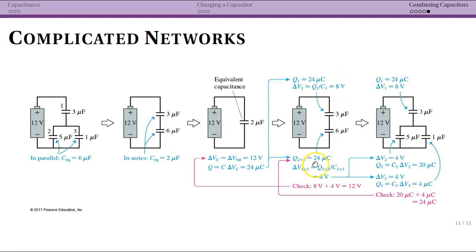You get the voltage across them, and then you expand it back out again. So this last step is what you would need to do if you were actually asked initially, what is the potential across one of these, or what is the charge on one of these? You actually have to go through the process of making the equivalent and then expanding it back out.